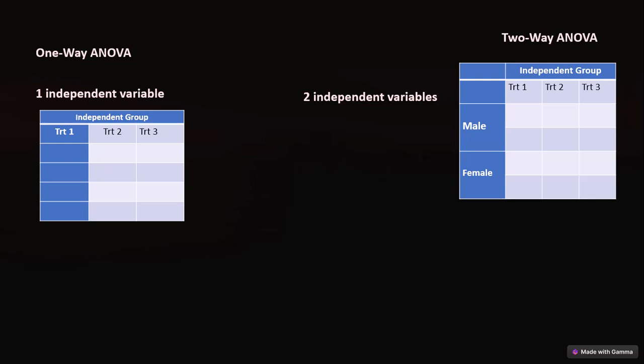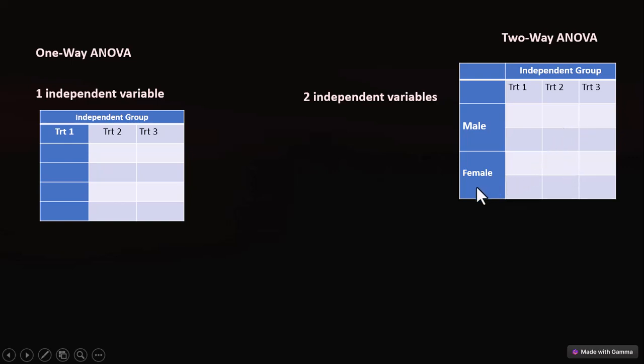Like in this table here, you can see the independent group. We have treatment 1, 2, and 3. But these treatments 1, 2, and 3 can also be further factored into male and female. Assuming these treatments here are teaching methods, different teaching methods. So in this class, it means they are male and they are female. The same thing in treatment 2 and treatment 3.